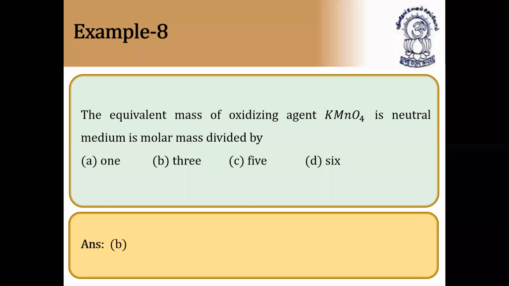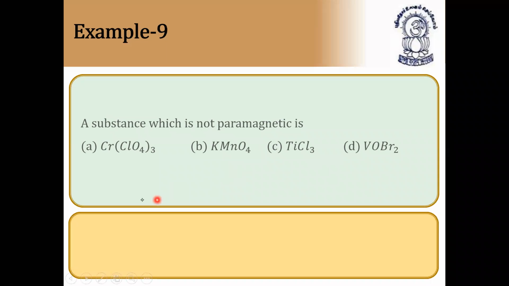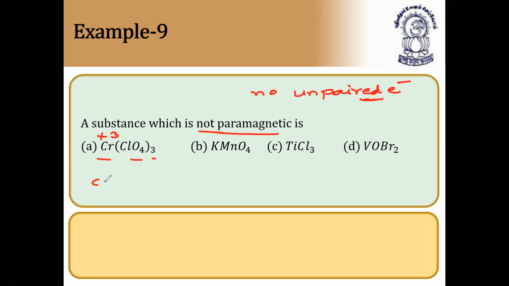Next question. A substance which is not paramagnetic, not paramagnetic means it should contain no unpaired electron. So if you see chromium ClO4 taken thrice, that means ClO4 minus 3, so it should be chromium plus 3. Chromium plus 3 state, chromium atomic number is 24.